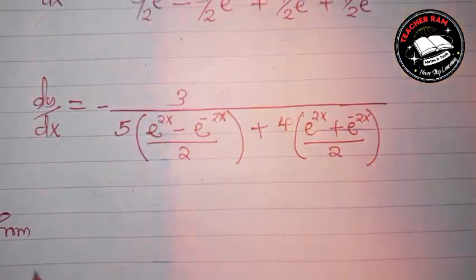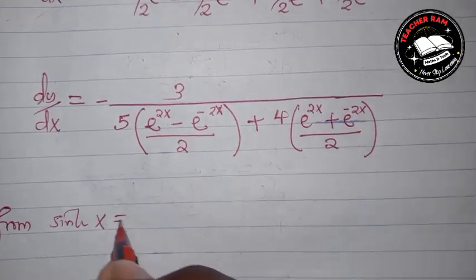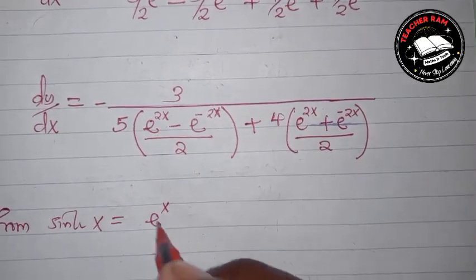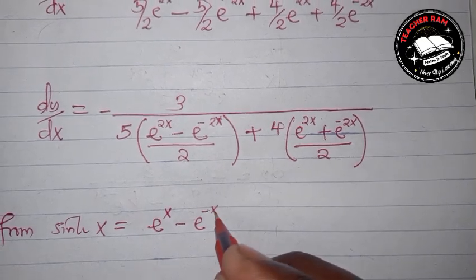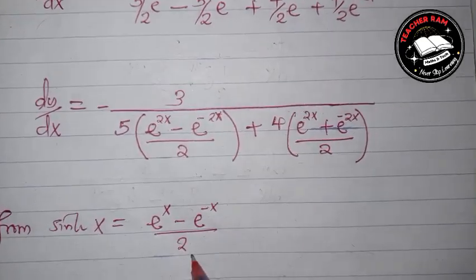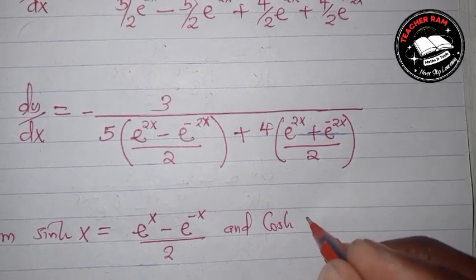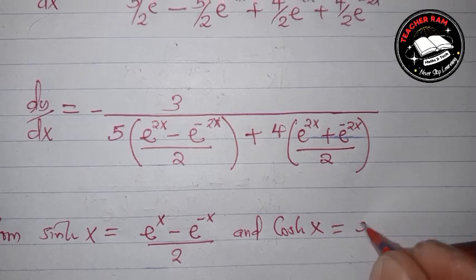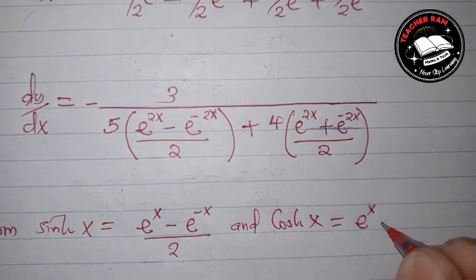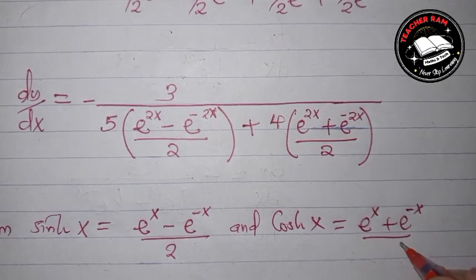From the definition we know that sinh of an angle is e raised to that angle minus e raised to the negative of that angle, divided by 2. And cosh of an angle, let us say x, is e raised to that angle plus e raised to the negative of that angle, divided by 2.